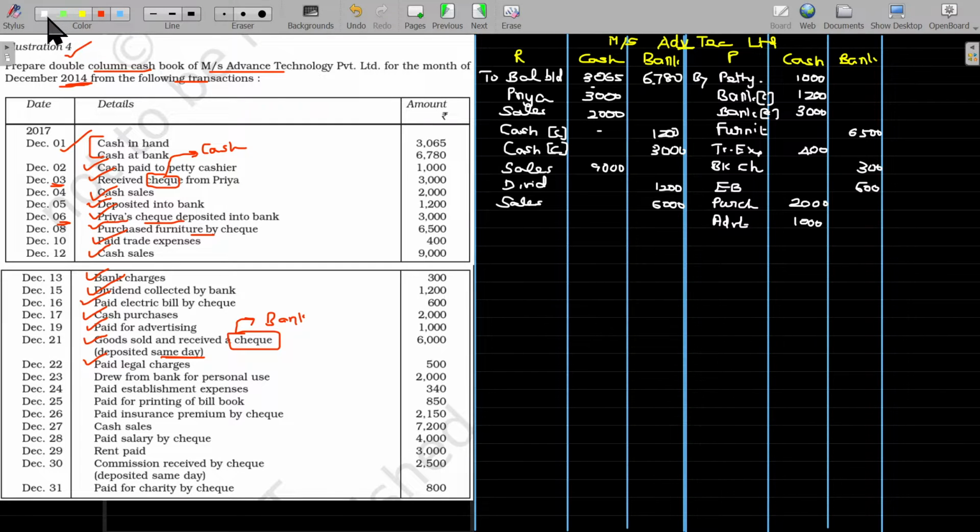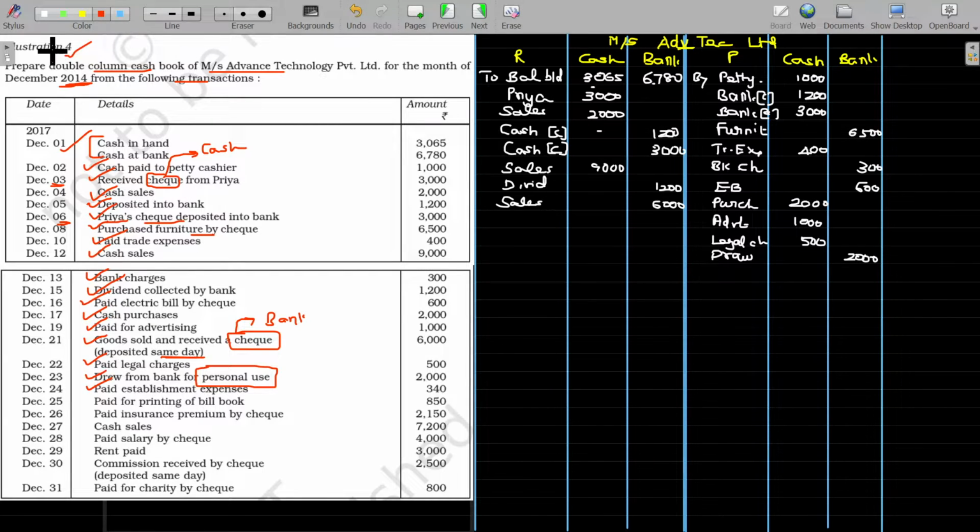Paid legal charges, in the payment side we have to put the value being legal charges, 500. Drew from bank for personal use, then automatically it should be drawings. That value should be posted in the bank column as it's drawings from bank, 2000 rupees in the bank column.